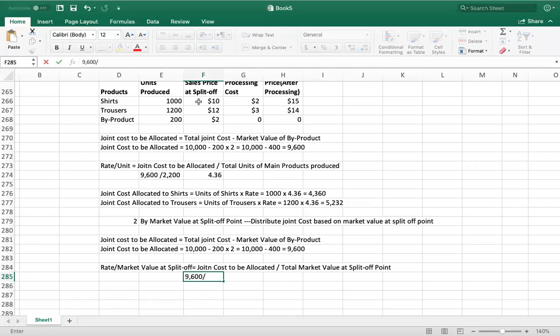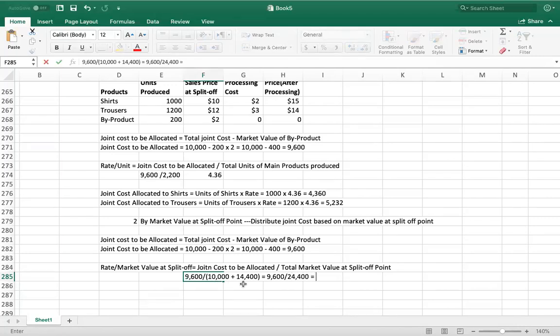The total market value at the split-off point is 1,000 multiplied by 10, which gives 10,000, plus 1,200 multiplied by 12, which gives 14,400. So our rate will be 9,600 divided by 10,000 plus 14,400, that is 24,400.